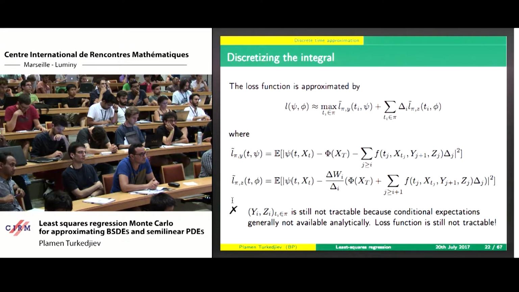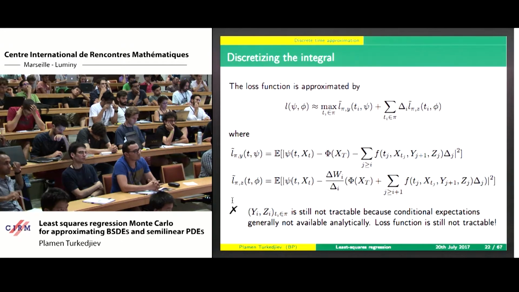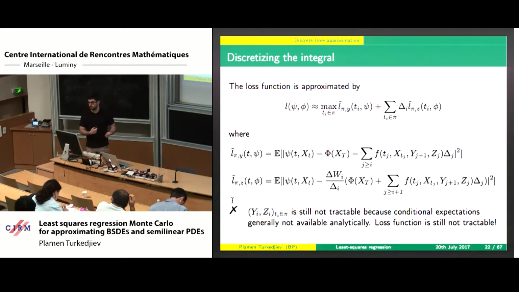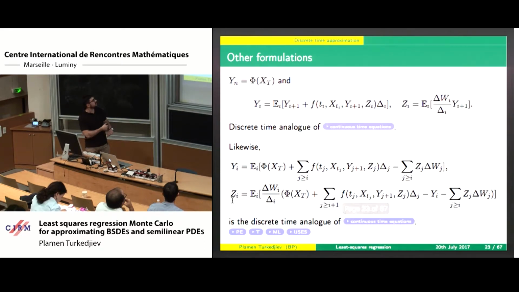So we're still not at the stage where we have a tractable algorithm, simply for the reason that the Y's and Z's were computed with conditional expectations. And usually you do not have analytic formulae for conditional expectations. Okay? So we're going to get around that by introducing the least squares method in a few slides from now.